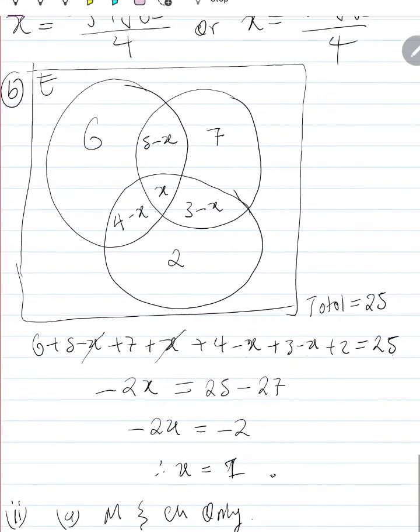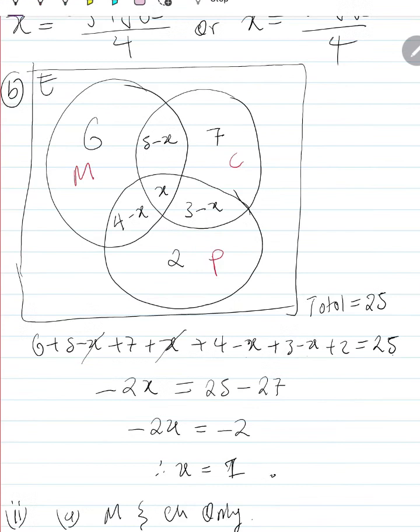Okay, so again I have to check the diagram again. Okay, so this is for mathematics, this is for physics, and this is for chemistry.